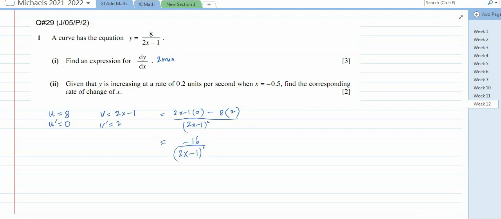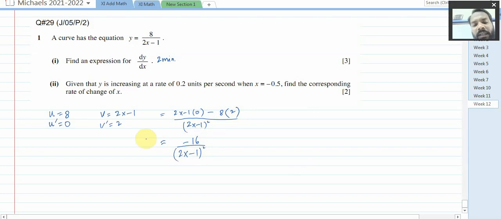Now if you observe, this first part dy by dx can be easily solved without applying u upon v. In the numerator, 8 is a coefficient, not a function, right? If you ask how we solve it without u upon v, first it will be y is equal to 8 times (2x minus 1) to the power minus 1.